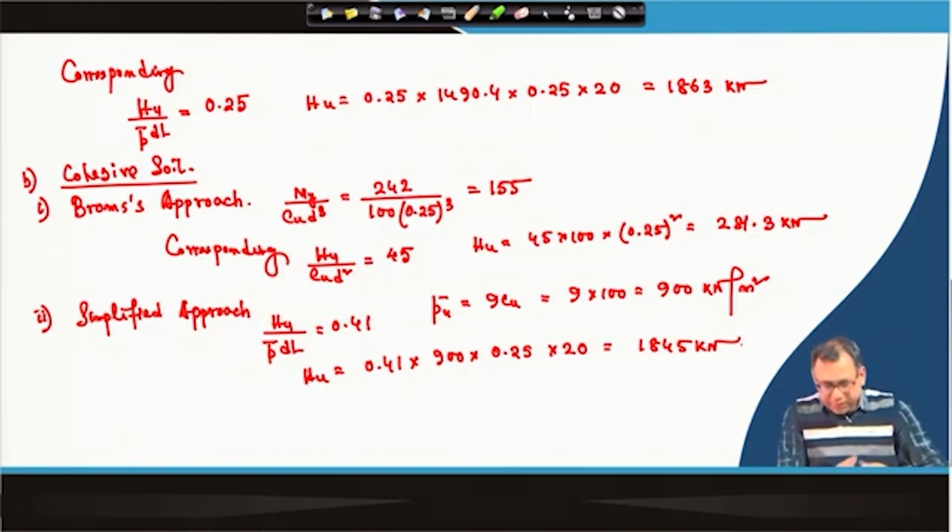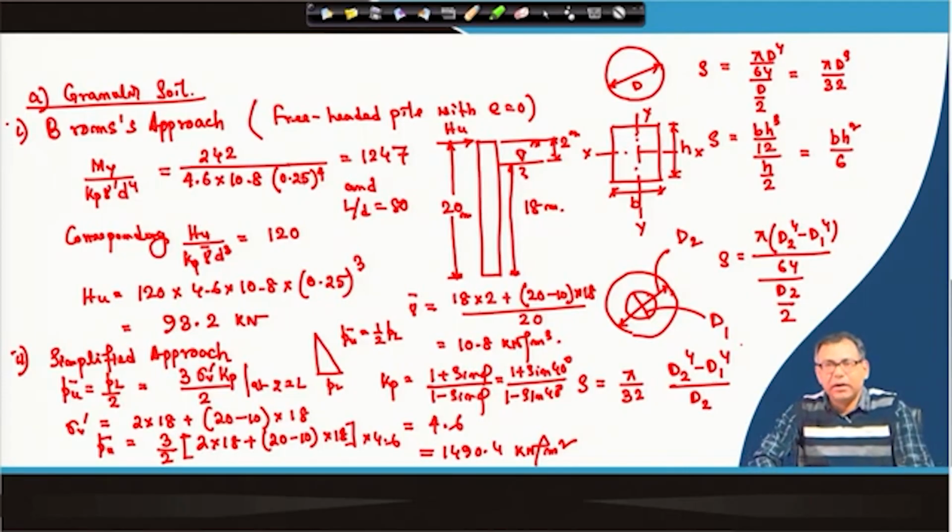So, this way we can calculate the ultimate lateral load capacity of a pile depending upon its fixity condition, whether it is a free end or a fixed end, or whether it is within granular soil or cohesive soil. For Brom's approach, you can use either the equations that I have given, or the charts, because those charts are developed from those equations, or you can use the simplified approach.